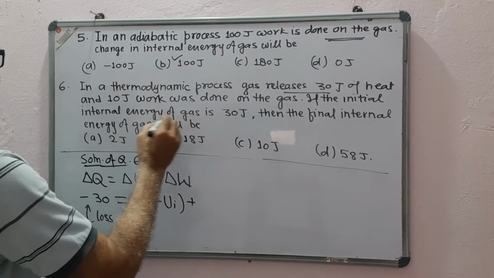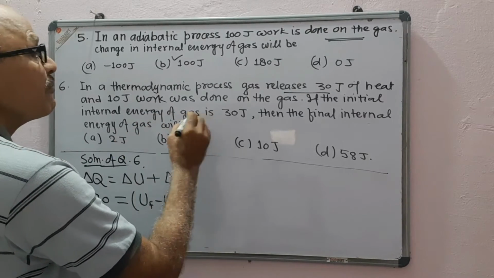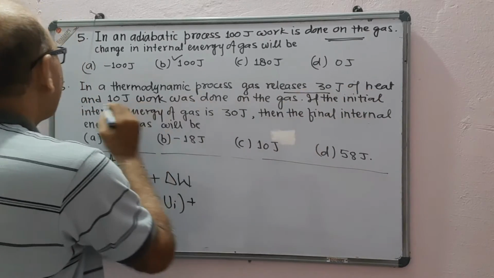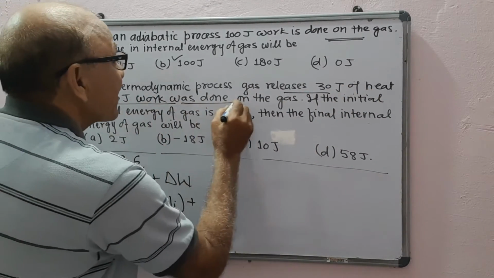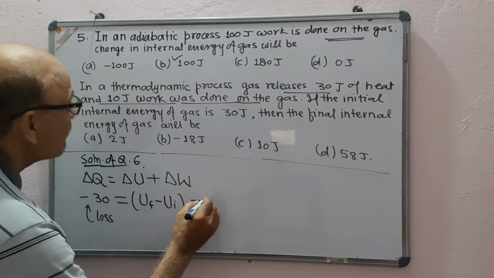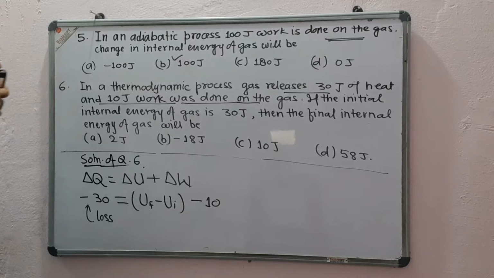dW here: 10 joule work is done on the gas, and again, on the gas work done is negative, so negative 10 joule.